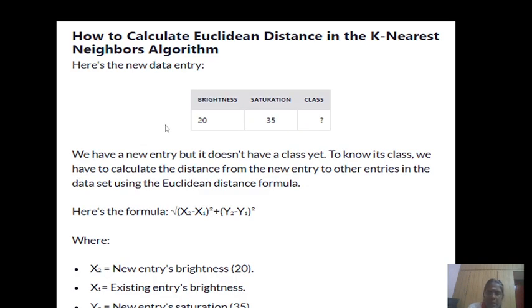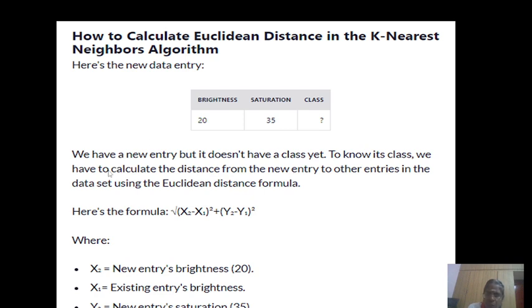Let us consider this new data entry for which we are going to predict whether its brightness and saturation values belong to the red family or to the blue family. The new data point will be taken as the coordinate x2, y2, and the old data point, the neighbor we choose, will be considered as x1, y1.